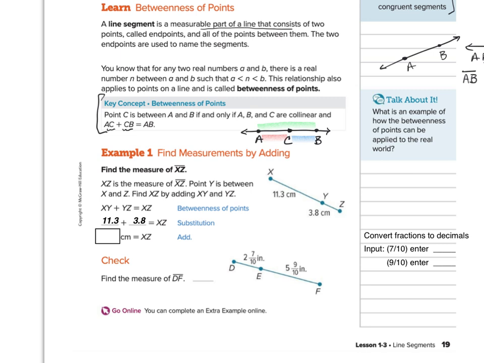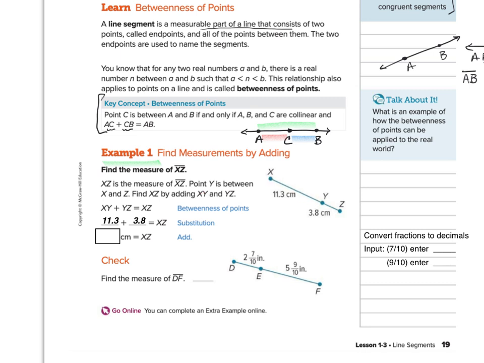Finding the measure of XZ in example number 1. In our image, we have X, Y, Z, and they appear to be collinear. So if they're collinear, then I should know that XY plus YZ should be equal to the entire length of XZ, and that's what they said. So again, Y is between X and Z. Find XZ by adding.